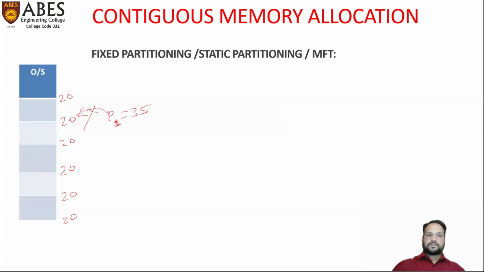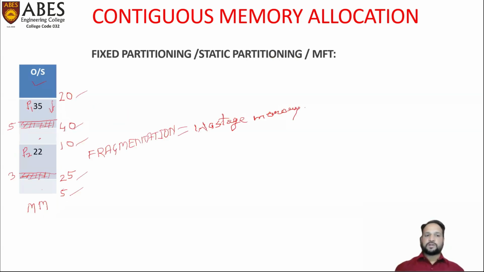Now let us take one more example of fragmentation, of internal fragmentation. This is what we discussed: the remaining part of a block after allocating a process is known as internal fragmentation.